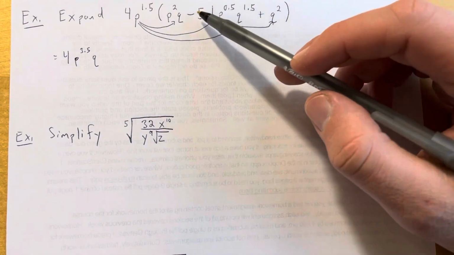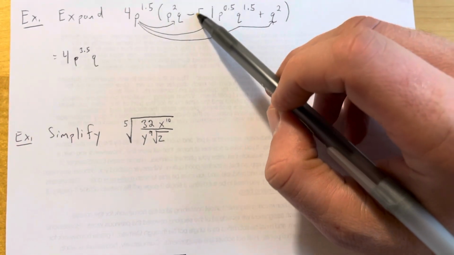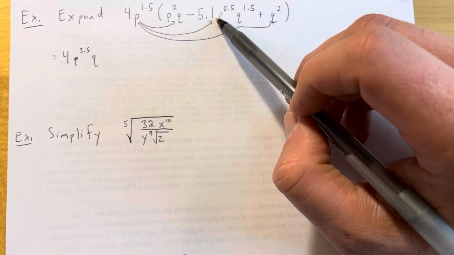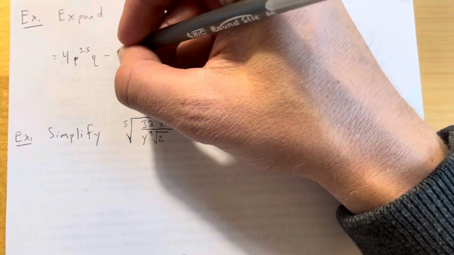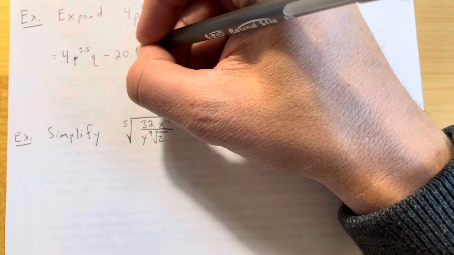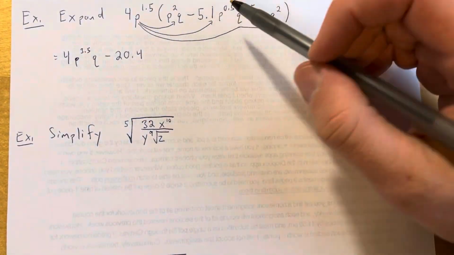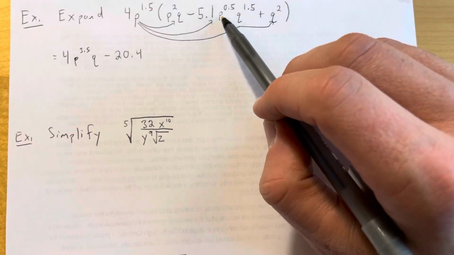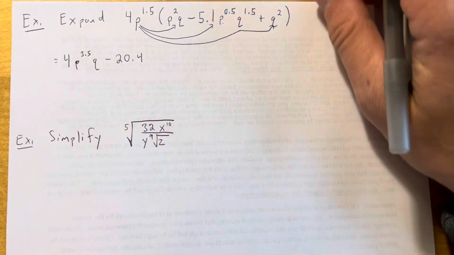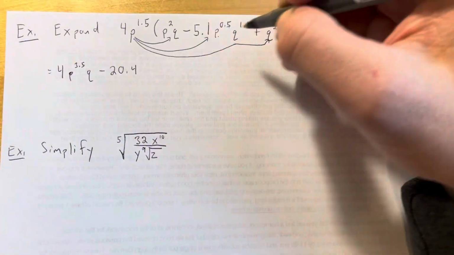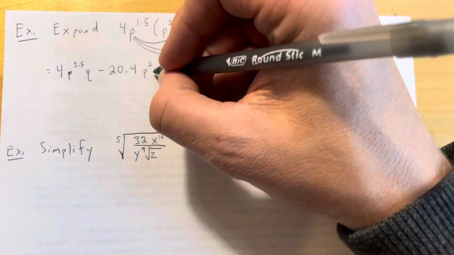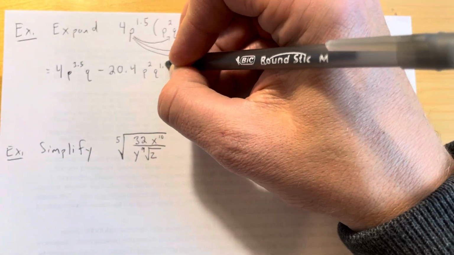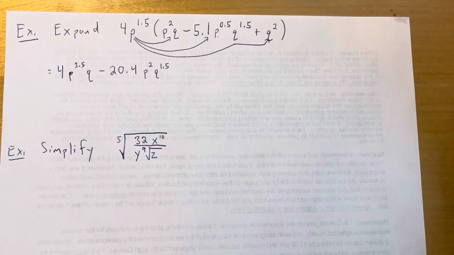Same idea, but this time I have a constant here, negative 5.1. So that has to be multiplied to this 4, which would give me negative 20.4. Then again, I also have p to a power and p to another power. I can combine those by adding their exponents. 1.5 plus 0.5 is just 2. So that becomes p squared, and then q to the 1.5 is staying put.